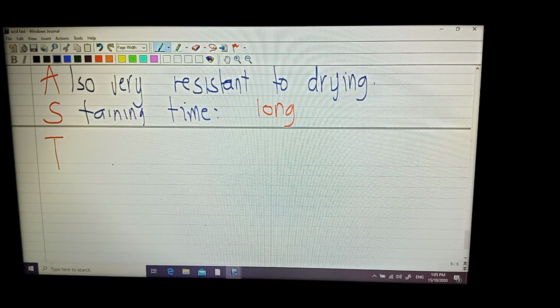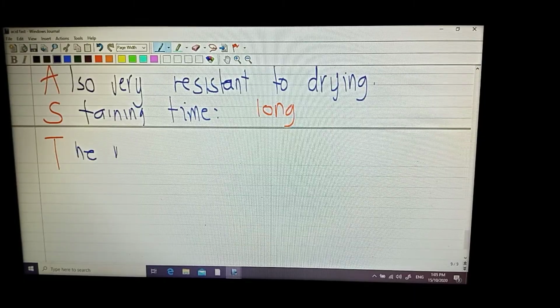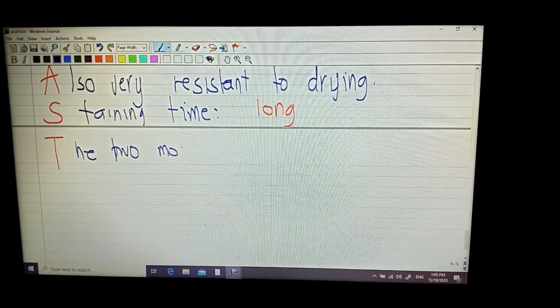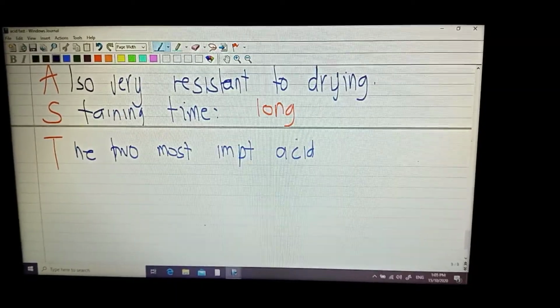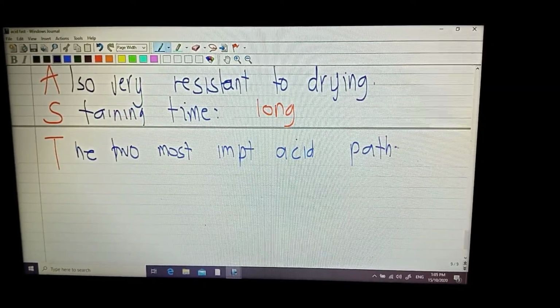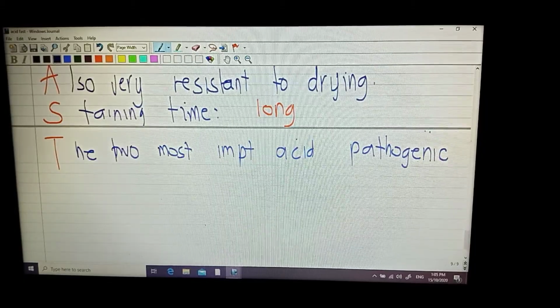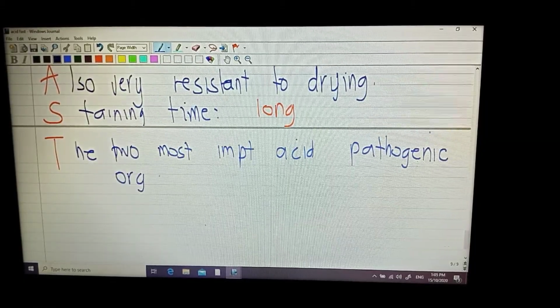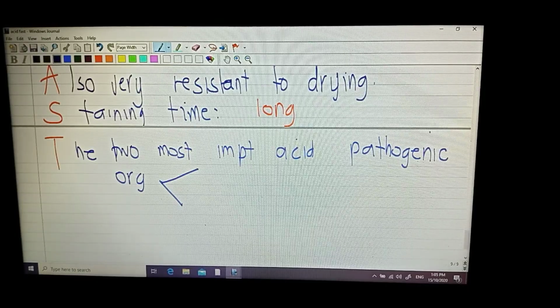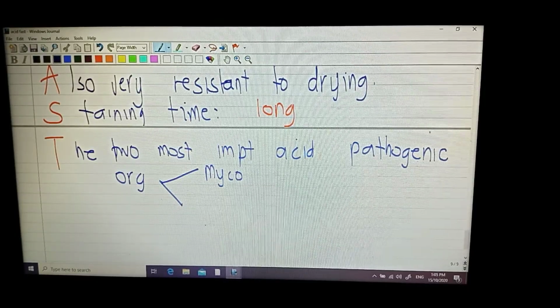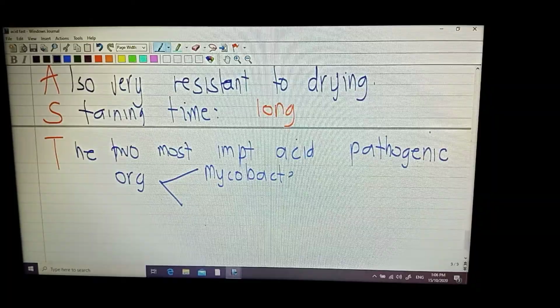The 2 most important acid-fast pathogenic organisms, nasabi ko na yan kanina. Ano nga ulit yon? The causative agent of human tuberculosis? Yes, very good. That is your Mycobacterium tuberculosis.